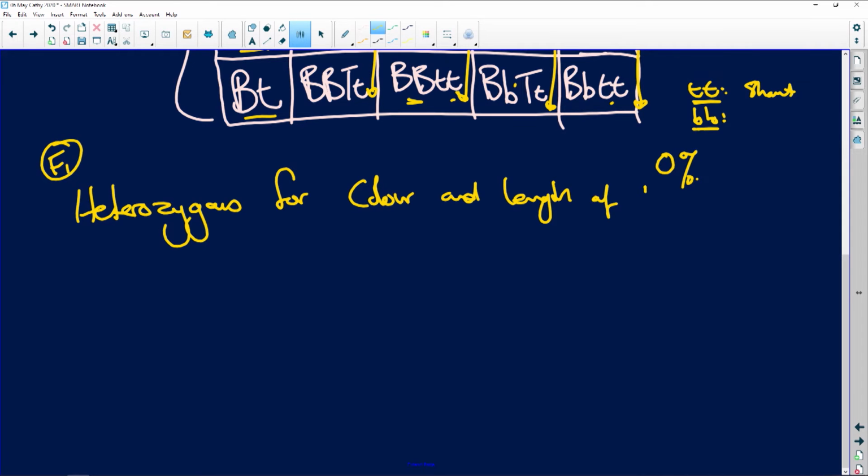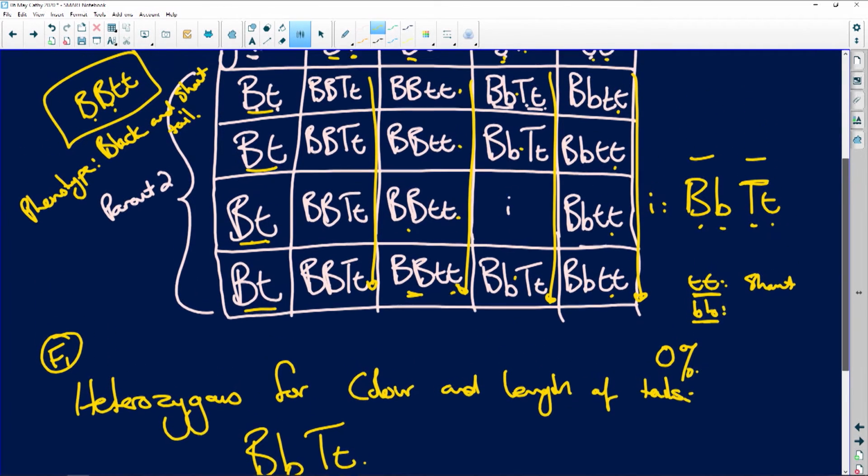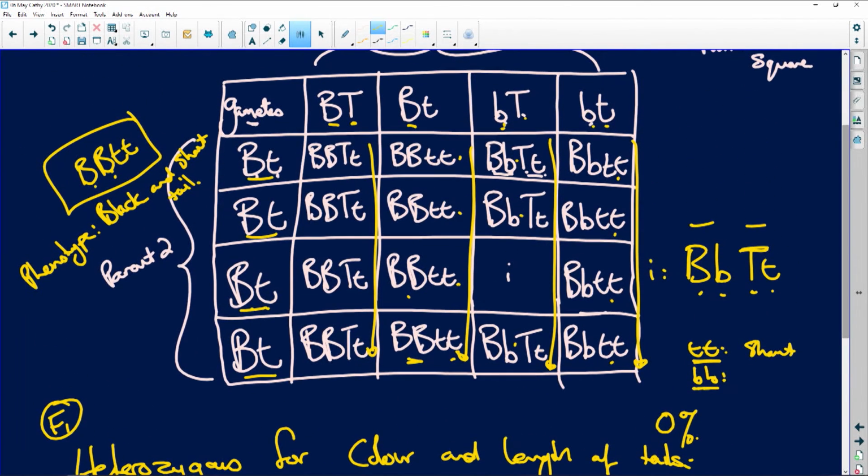of tails. Okay, so what does that mean? It means it's got to be capital B, small b, capital T, small t. That's what our offspring must be. Okay? So which ones here are going to be heterozygous? Come on. The genotype of two gametes on the table above.